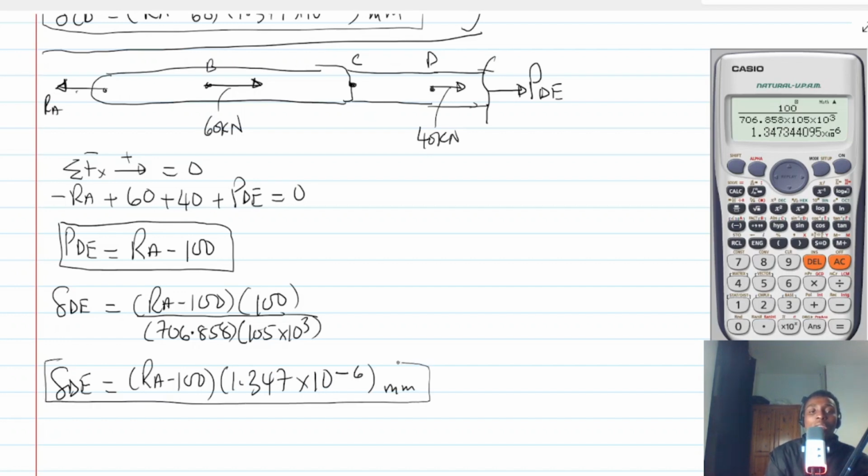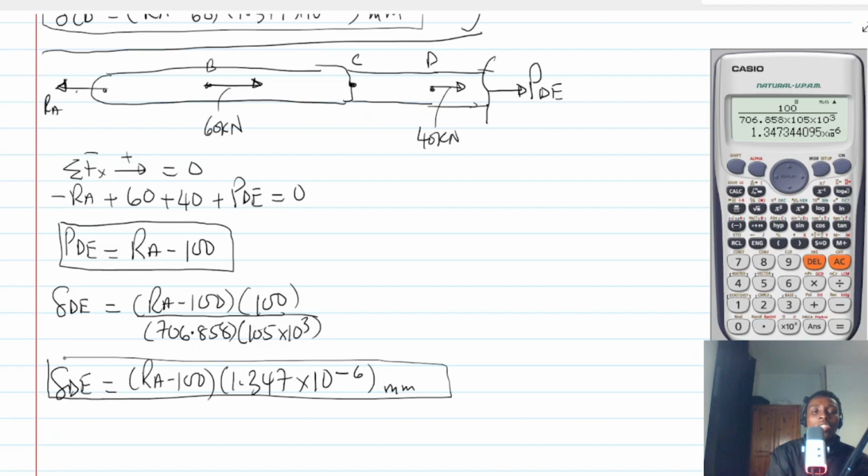So this is the deflection of DE, from D to E.